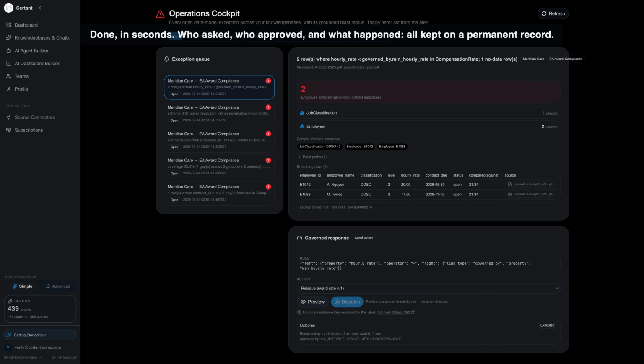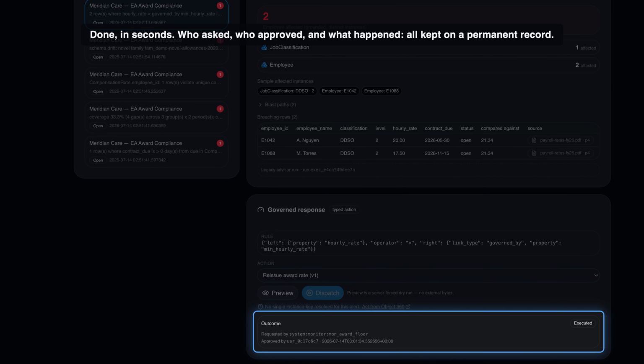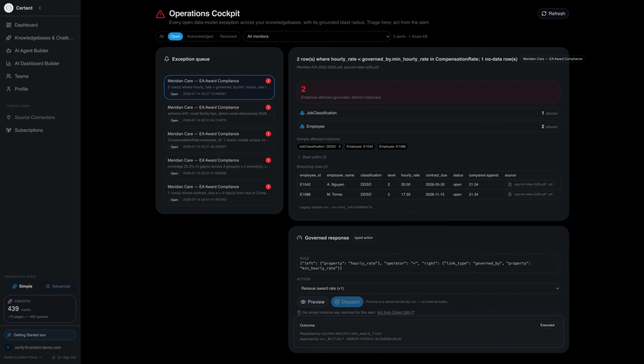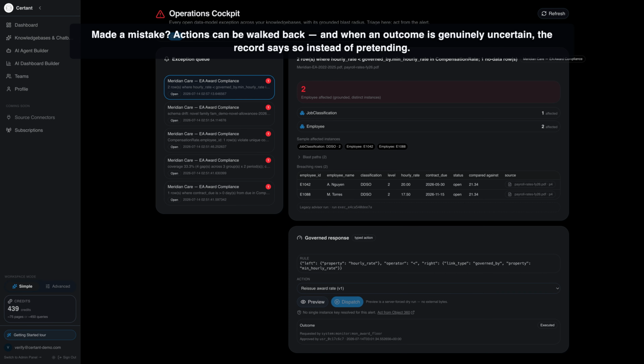Done in seconds. Who asked, who approved, and what happened. All kept on a permanent record. Made a mistake? Actions can be walked back, and when an outcome is genuinely uncertain, the record says so instead of pretending.